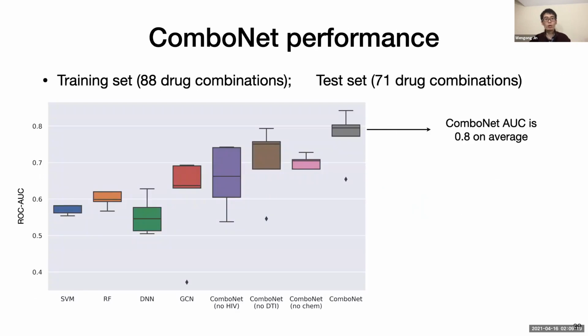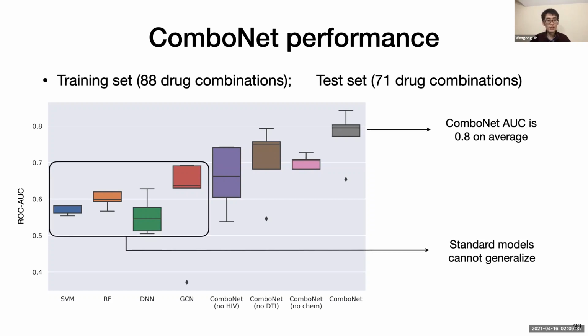So this is the performance of the model. I know there are quite a few boxes here, but basically on the right is our best model that includes both the biological knowledge and the chemical representation. If you just use the standard models based on SVM or deep neural networks, without any of this biological knowledge, it simply cannot generalize that well.